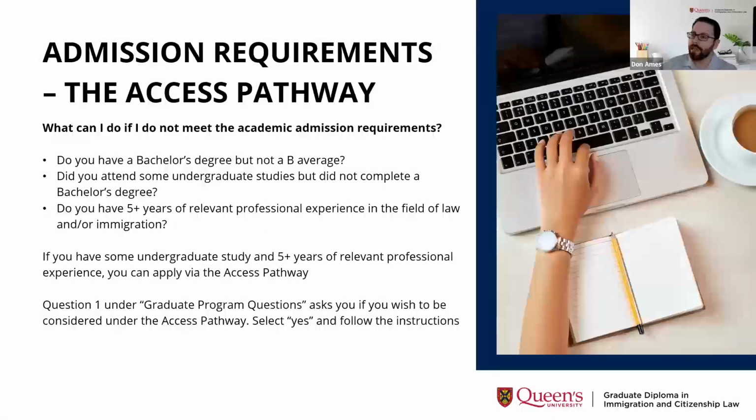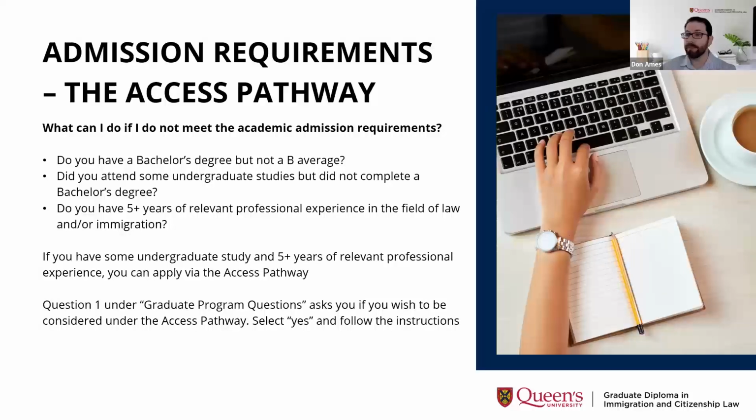All right, the final thing I want to mention here that only a few applicants will need to know about is the access pathway. Some individuals may have faced barriers or obstacles or some sort of issue when it comes to accessing post-secondary education, or they faced those barriers within their post-secondary education that prevented them from meeting our academic admission criteria.